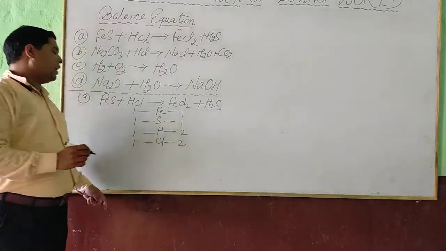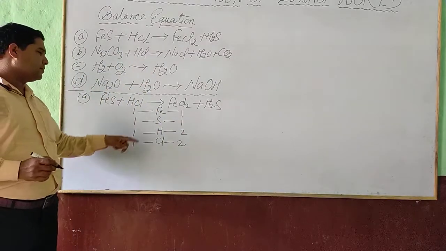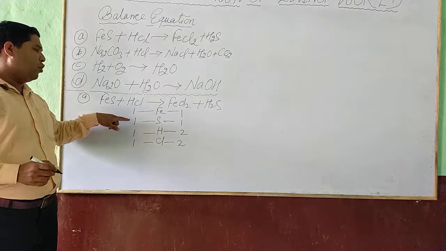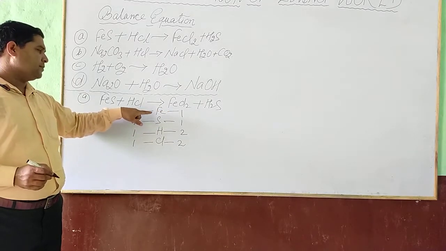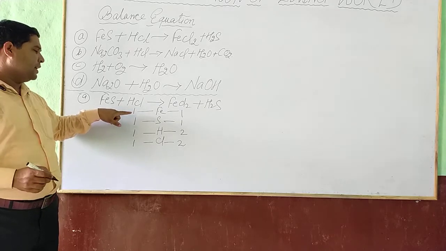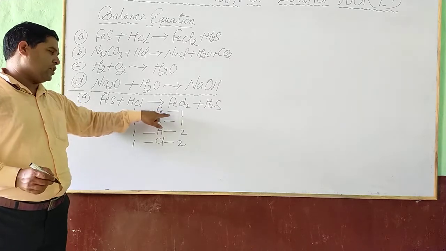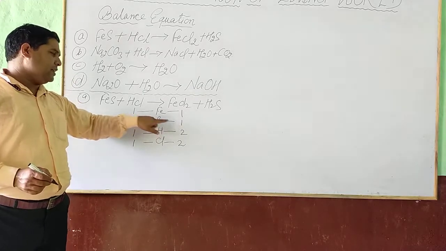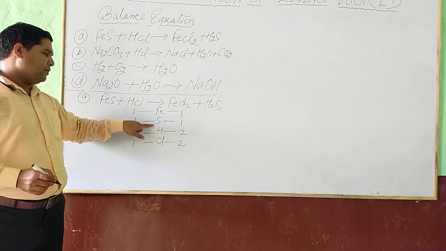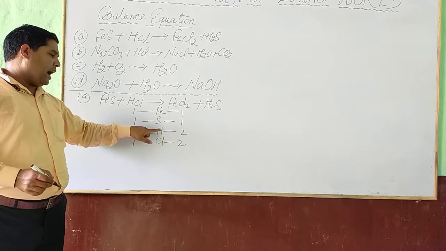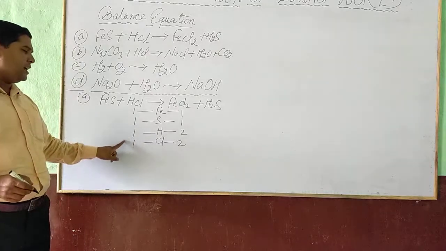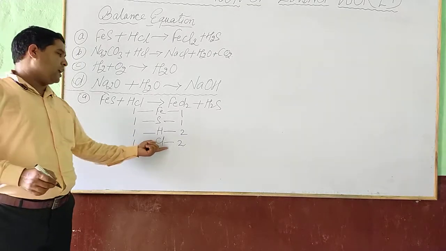After that, pay attention here, iron and sulfur both are balanced. Iron is 1 on both the reactant side and product side, and sulfur is also 1 on both sides. Only hydrogen and chlorine are 2 on the product side and 1 on the reactant side, so it is unbalanced.